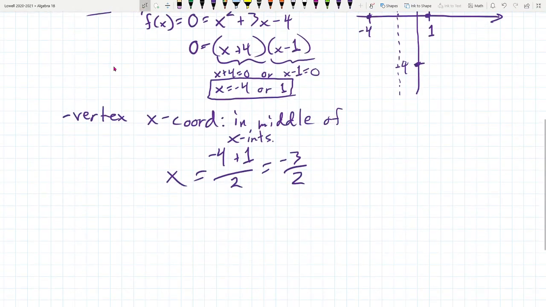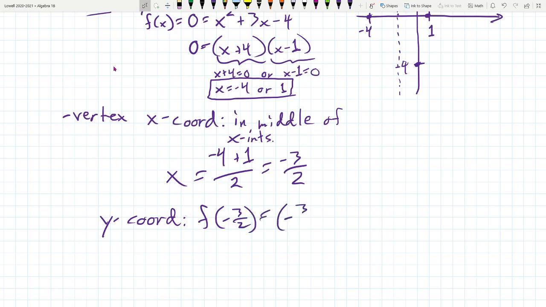I'm going to use my handy dandy calculator here, by the way. So I'm going to evaluate f of negative 3 halves, or negative 1.5. Negative 3 halves squared plus 3 times negative 3 halves minus 4. Let's use a calculator because there's no reason not to.